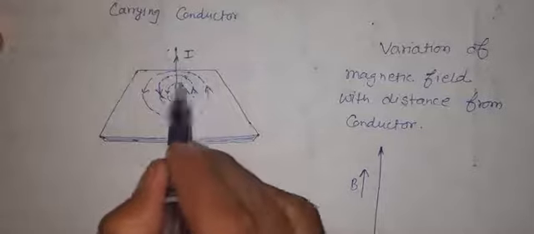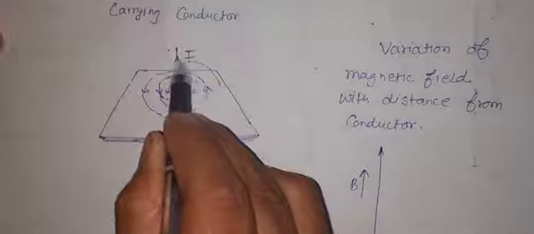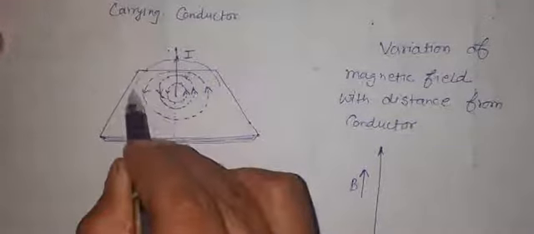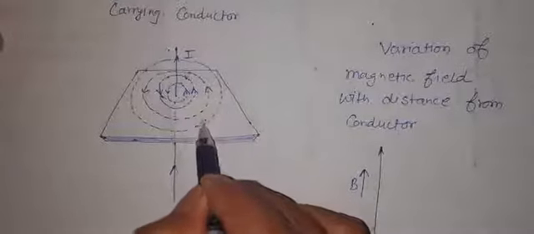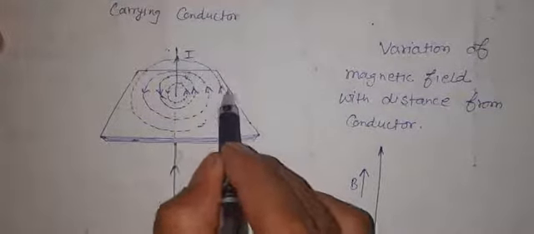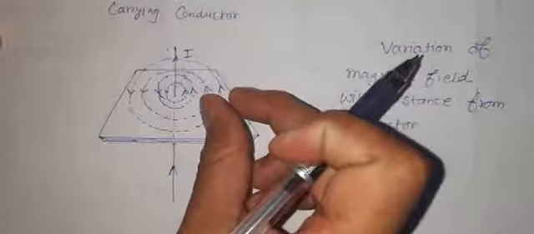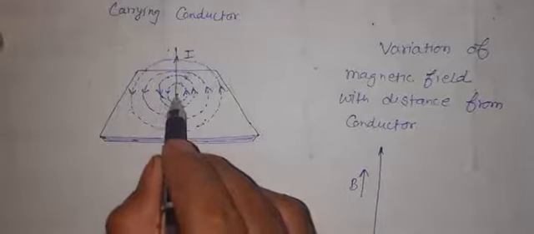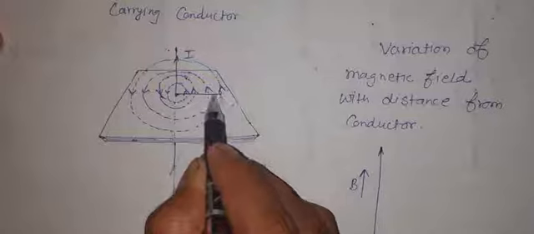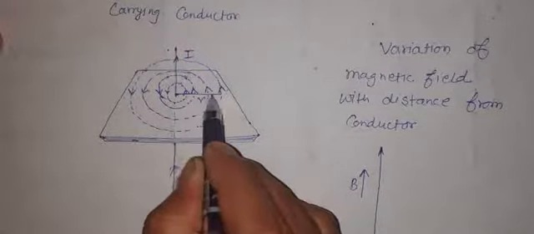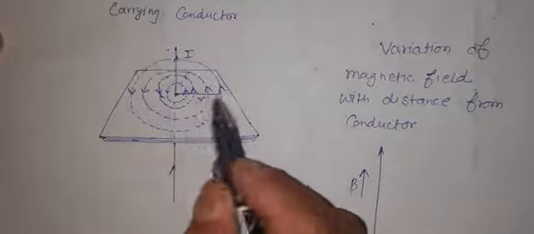What you will find is that as we move away from this current carrying conductor, the magnetic field expands. Expansion means that with distance, if I suppose this is the center and this is the distance outward, let it be r. As the distance increases outward, the effect of the magnetic field will decrease.